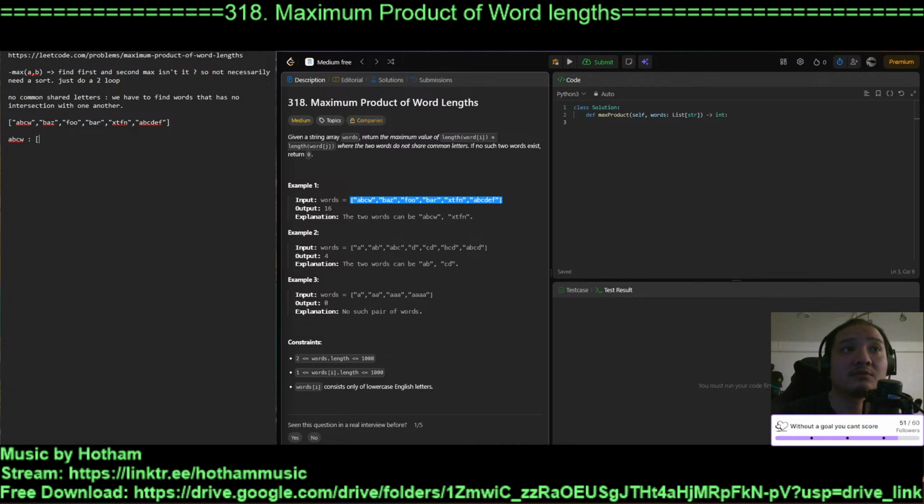ABCW, then the options we have are foo, XDFN, that's it, right? Bars, right? Bars will have foo, XDFN, right?